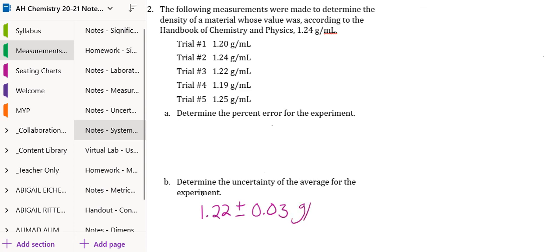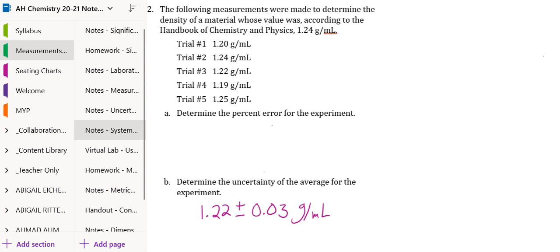And then the unit? Grams per milliliter. So, does my uncertainty have one non-zero digit? Yes. Is that one non-zero digit in the same place as the last significant digit of my measured value? Yes.